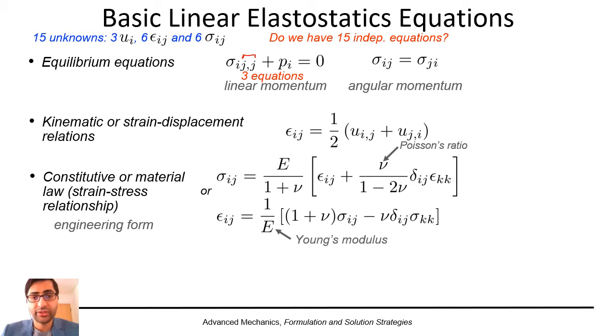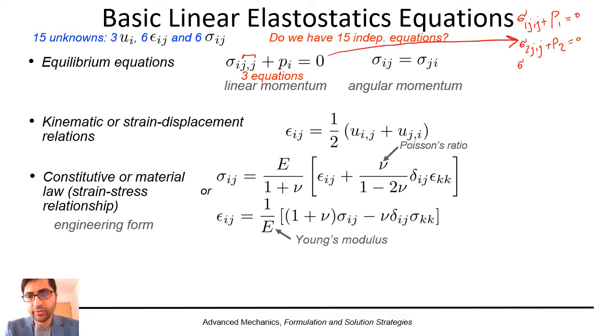So this equation gives us 3 equations. If I want to expand it, it's going to be sigma_1j,j plus p1 equal to 0, sigma_2j,j plus p2 is equal to 0, and sigma_3j,j plus p3 is equal to 0. So these are the 3 equations we get from linear momentum.